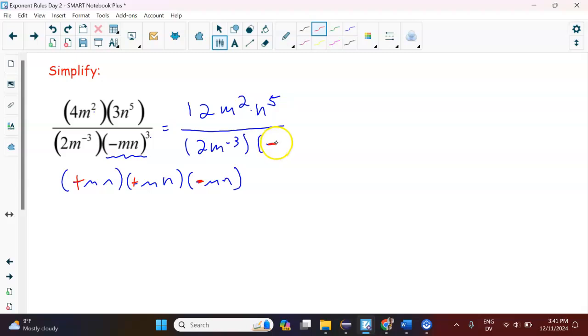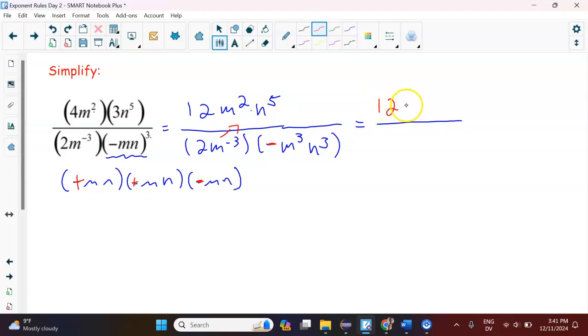So we have a negative there, and then m times m times m is m cubed, and then n times n times n is n cubed. Okay, sorry for the bad handwriting here. All right, and then now, let's move up the negative exponent next. Let's move that up.